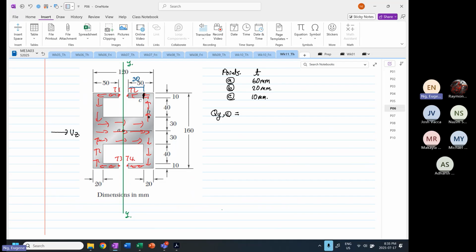The width is going to be equal to 10. The depth is going to be 30. The Y bar is going to be 30 divided by 2 plus, because this is 120, so from here to here is 60. Okay. We're going to add a 10.